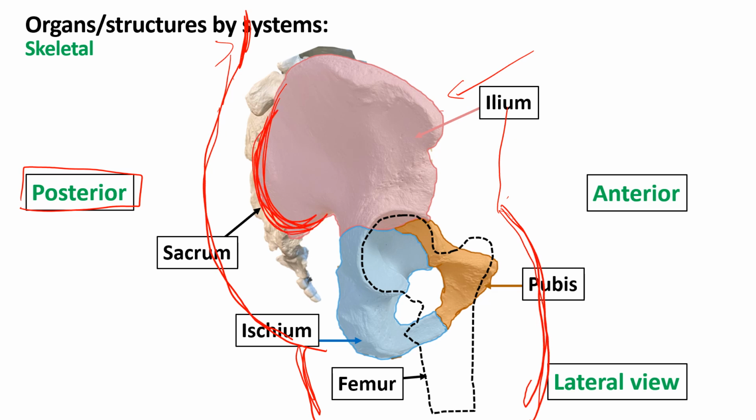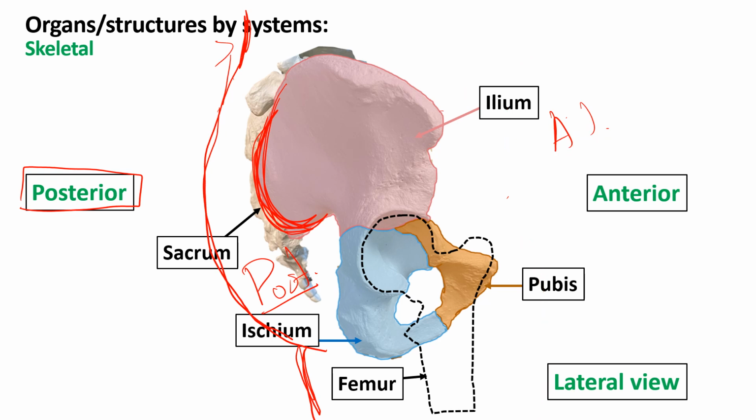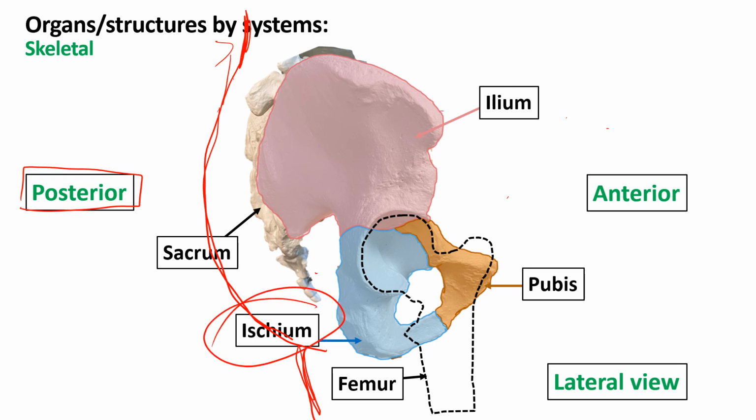If you know that, you will know that this is the posterior part, and you will know that therefore the anterior part will be here, right? After that, once you are able to identify what is anterior and posterior, it's going to be easy for you to remember that the ischium is always posterior and the pubis is always anterior.